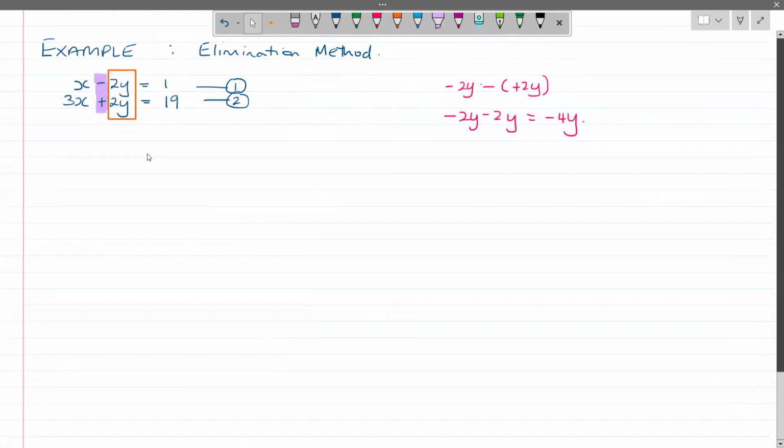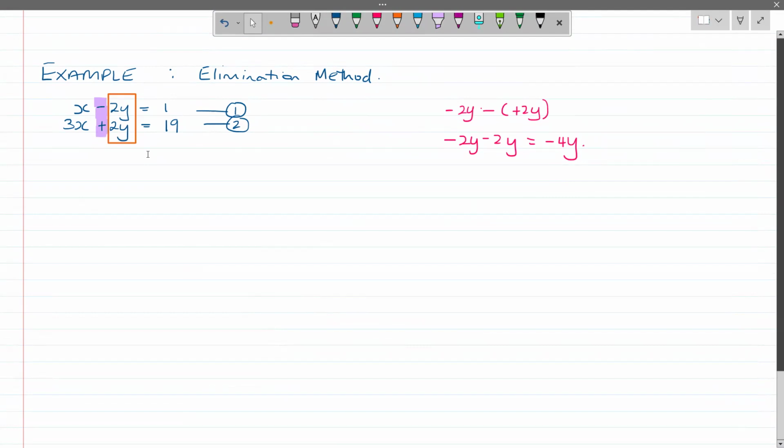Now, we are looking at a different type of question in the sense that the signs in front of these y's that we want to eliminate are actually different. When we try to subtract them, if I do 2y minus 2y, what I'm going to get is not 0. I am getting minus 4y. So subtraction cannot work.